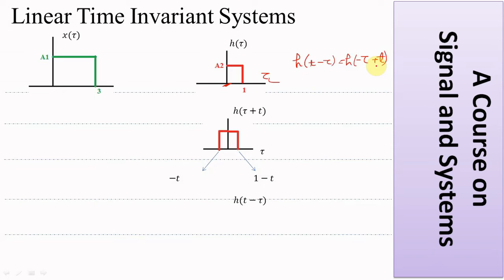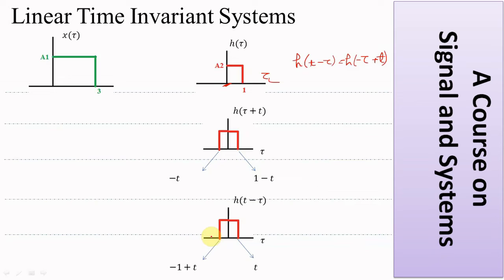I can make the y-axis the pivot and take a reflection around the y-axis. It's very simple, but now the points will change. Minus t on the left will become plus t on the right, and 1 minus t will become t minus 1, on the other side.